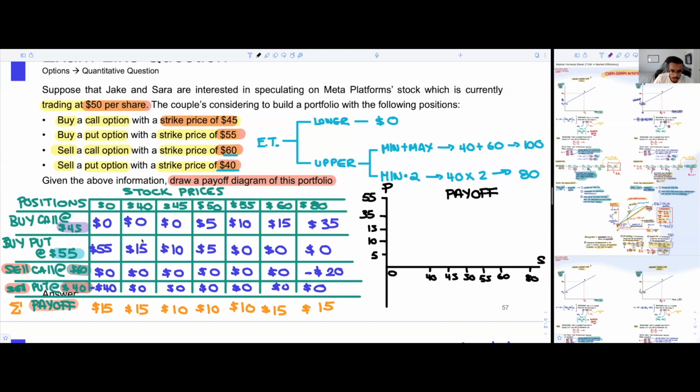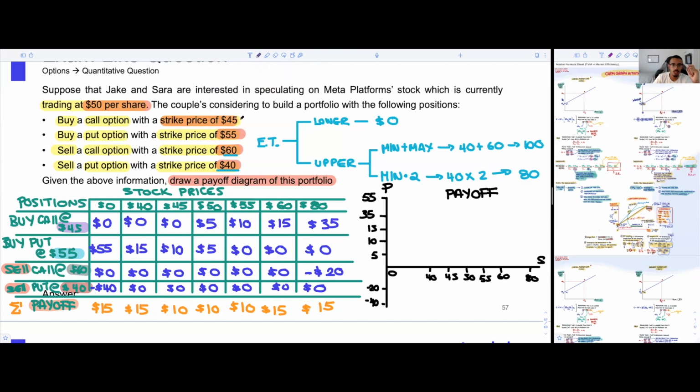So we know that our negative payoffs could be minus 20 and minus 40. So I'm going to put minus 20 here. I'm going to put minus 40 here.